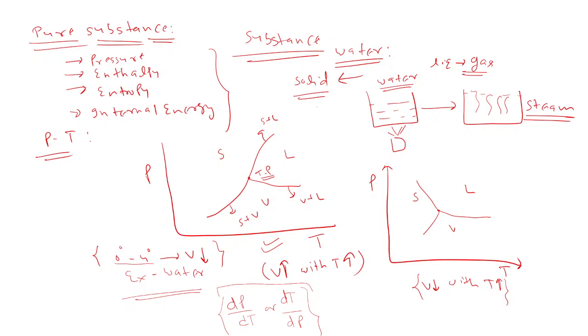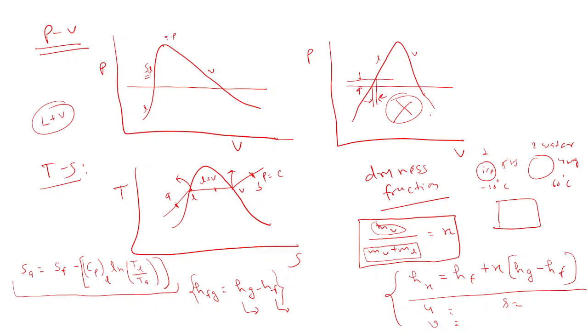One more question here: what is the pressure at the triple point? For water, 0.611 kilopascal. The temperature at the triple point would be 0.01 degree Celsius. It is fixed, because the degrees of freedom we found in the first class were 0 at the triple point.